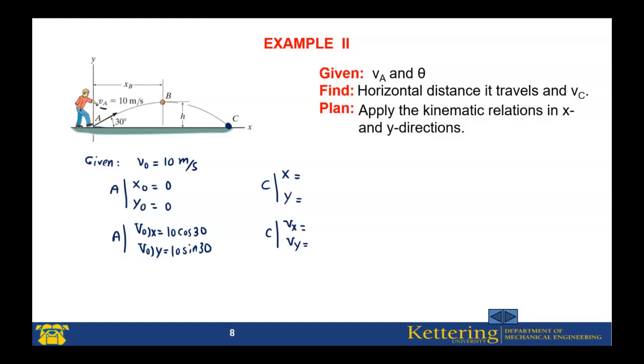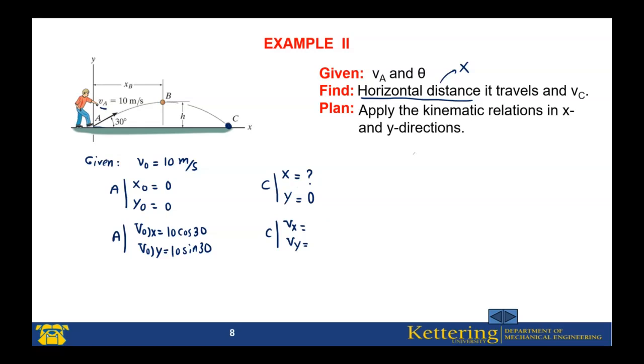Now, at point C, when it hits the ground, x we do not have. We need to find this. This is x. How much is y? 0.